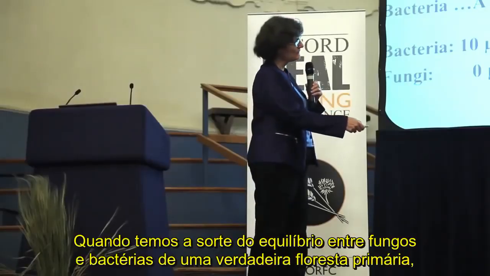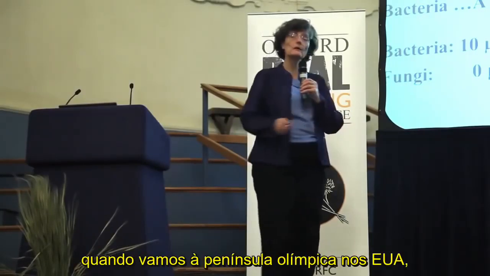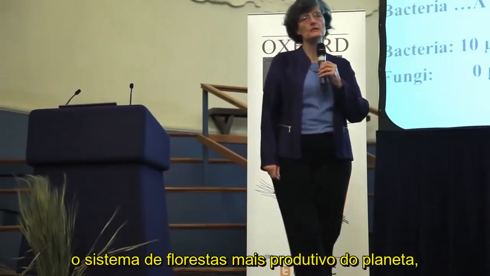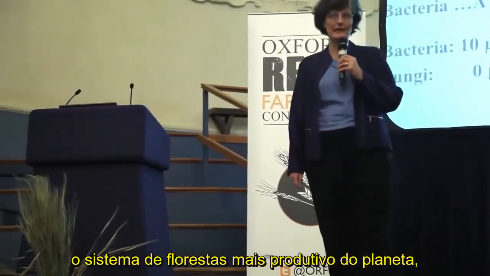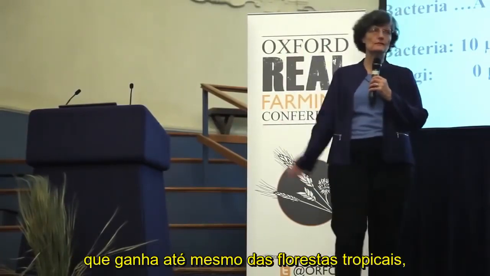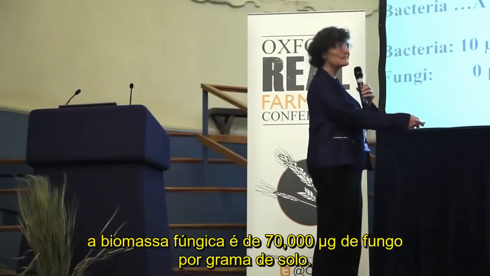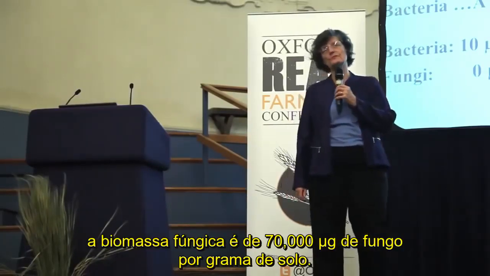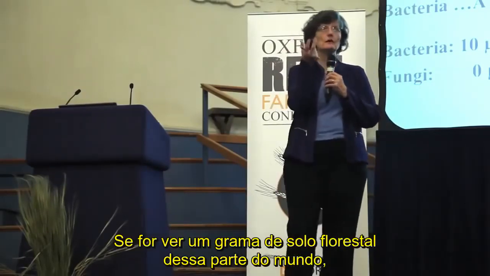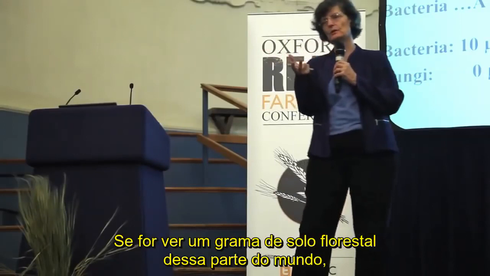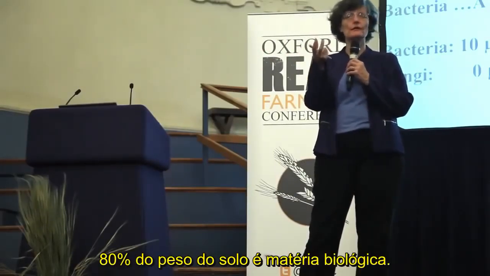When we're looking at that fungal to bacterial biomass ratio in a true old growth forest, when we go to the Olympic Peninsula in the United States, the most productive forest system on the planet, it beats even tropical rainforests, that fungal biomass is 70,000 micrograms of fungal biomass per gram of soil. If you look at a gram of forest soil from that part of the world, 80% of the weight of that soil is biology.